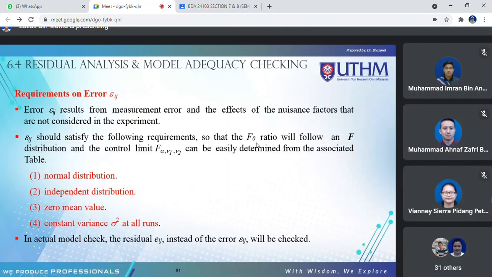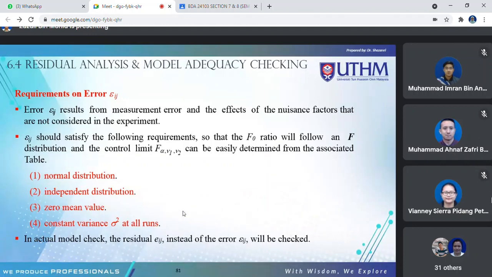So the data must be normal distribution, independent distribution, and also we have the zero mean value. We also need to have the constant variance at all runs. This is the requirement of the error epsilon ij.